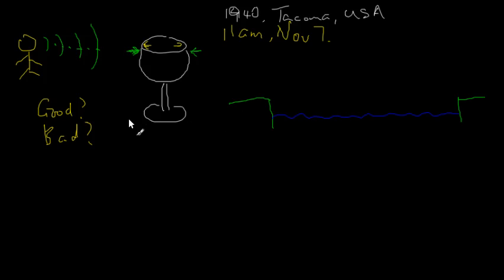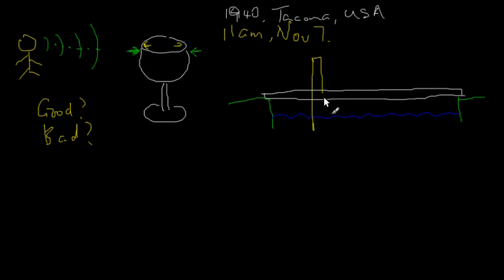Now this bridge looked like this. It's quite a long bridge, and it is supported in this way. There are two pillars, at least, and there are cables.